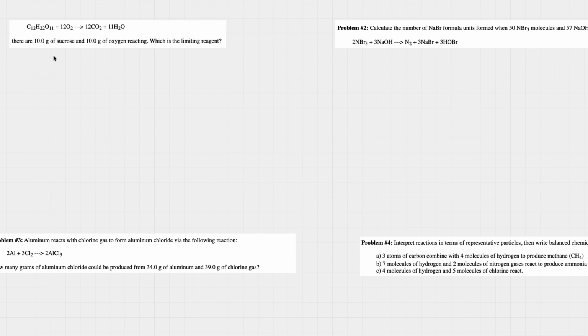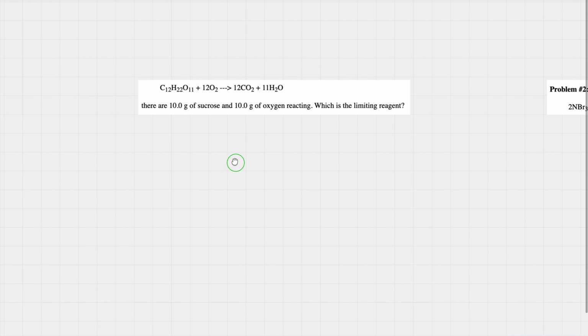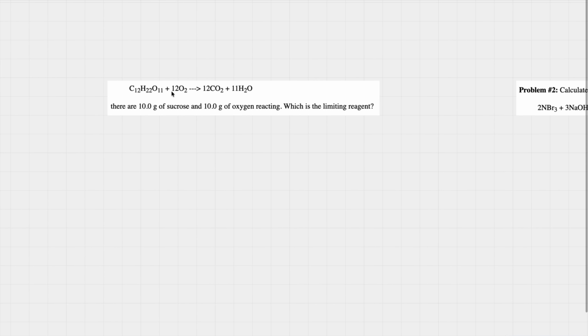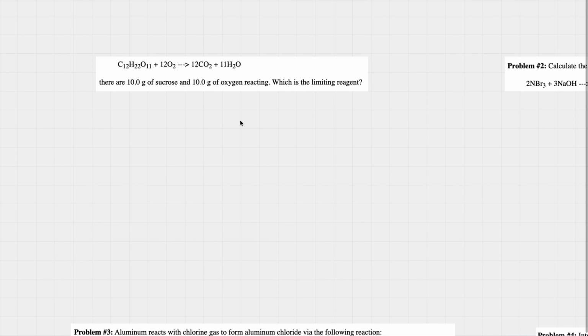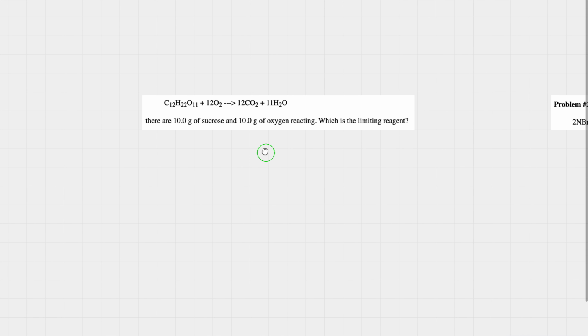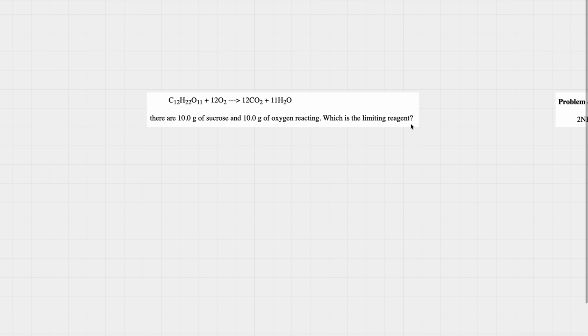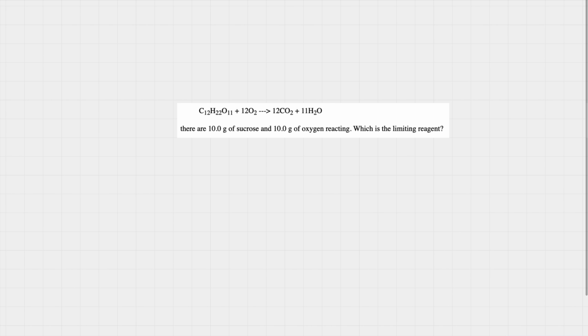Okay, so starting off with question one, we are given this balanced chemical equation. What is given is 10 grams of sucrose and 10 grams of oxygen reactant. First we have to find the limiting reagent, otherwise known as the limiting reactant.